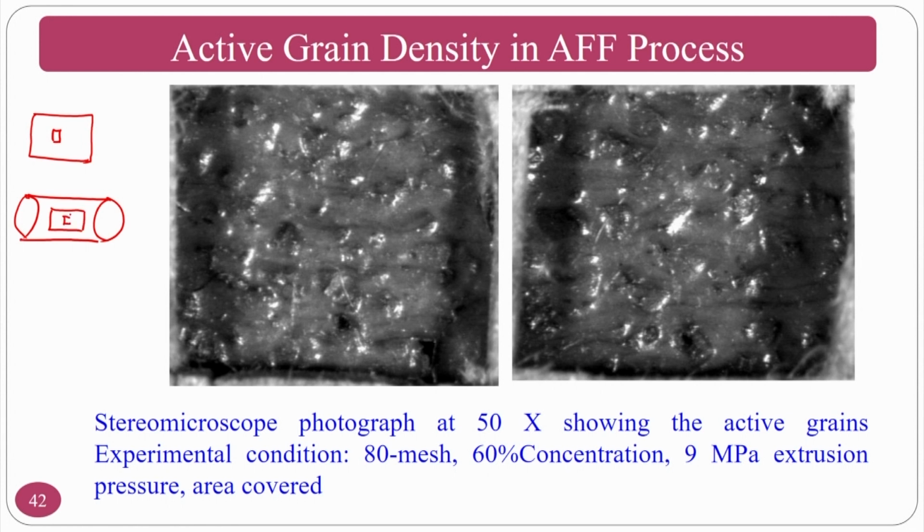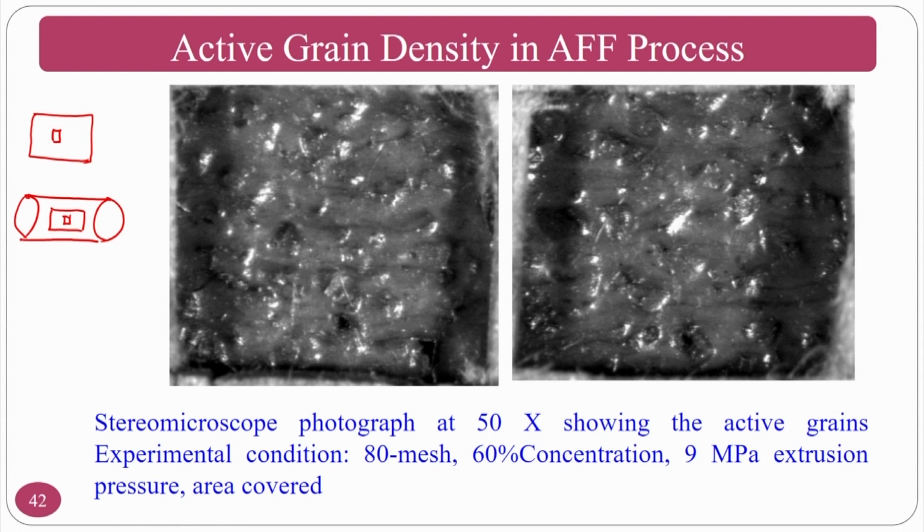Now you can take optical profilometer images or stereo microscope images and other things. You have already kept a 1 by 1 mm or 2 by 2 mm square surface, and the rest of the surface the paper will cover.